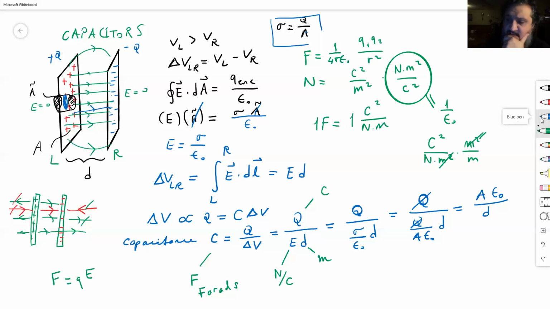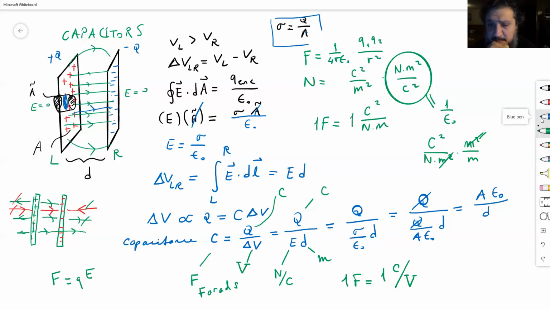Or use this here. Coulombs is the unit for charge. Volts is the unit for potential difference. So 1 farad is equal to 1 coulomb per volt. Okay, so that's called capacitance.